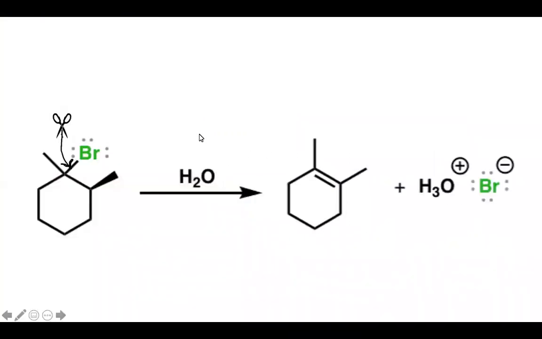Elimination comes in two ways. We have E1 and E2. Depending on the strength of the base, if we use a stronger base, then it undergoes E2. And also depending on the carbon, whether it's a primary, secondary, or tertiary carbon, that decides which reaction it should go. And we get an alkene.